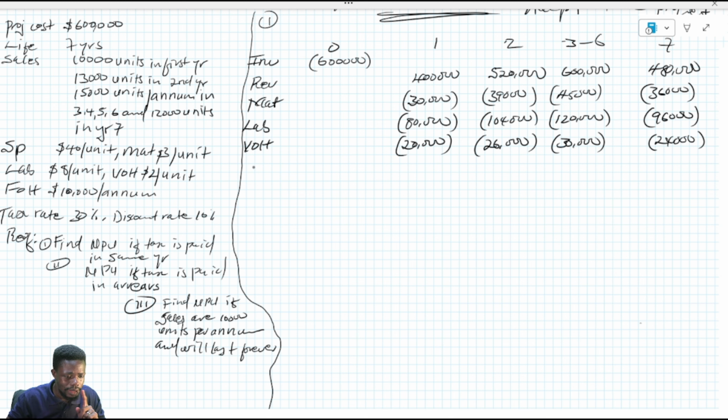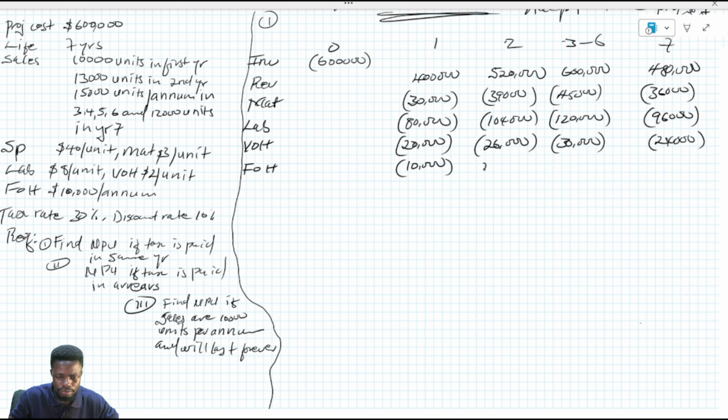What's our next cost? Our next cost is fixed overheads. It is saying fixed overheads is $10,000 per annum. It means $10,000 per annum throughout. So year 1, 10,000.